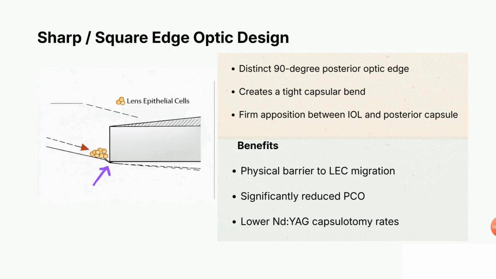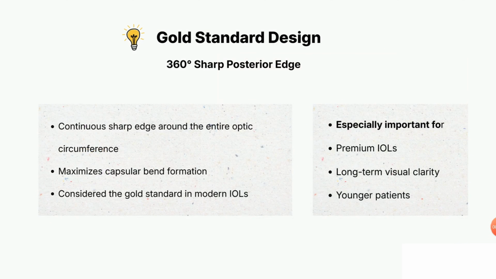Multiple clinical studies have demonstrated that sharp posterior edge designs significantly reduce PCO rates. There's a lower need for Nd:YAG capsulotomy regardless of the IOL material. For this reason, a continuous 360-degree sharp posterior edge is now considered the gold standard in modern IOL designs, especially in premium intraocular lenses.